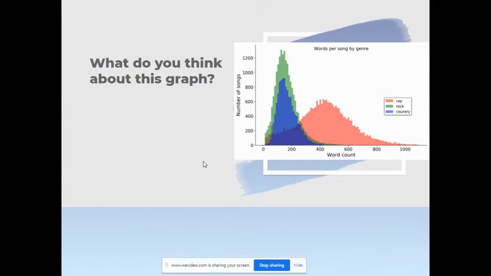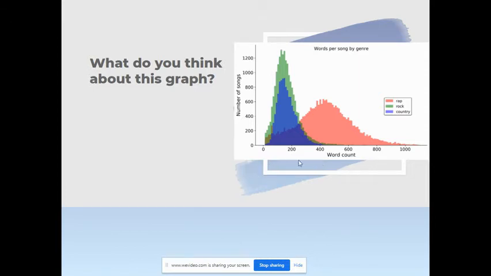As we're finishing up, what do you think about this graph? What does this show? The title is Words per Song by Genre. Genre is like rap music, rock, and country. So only those three. What does the x-axis represent?